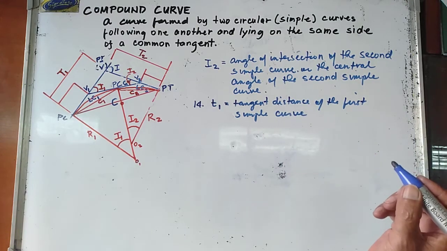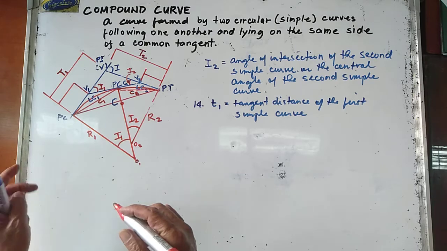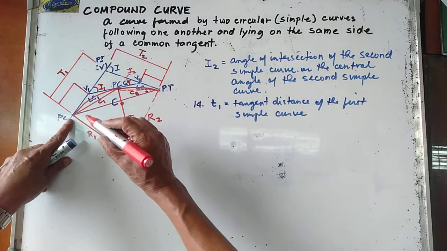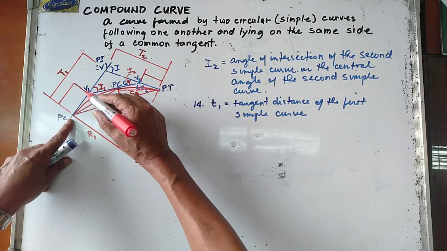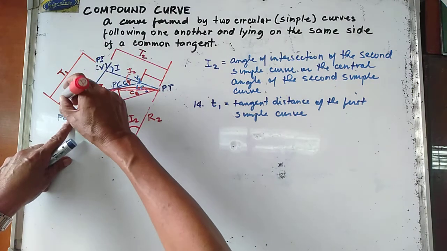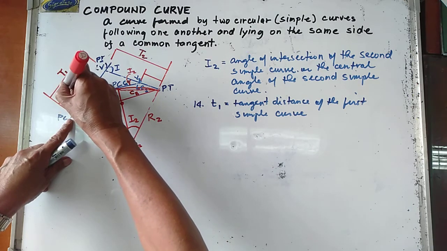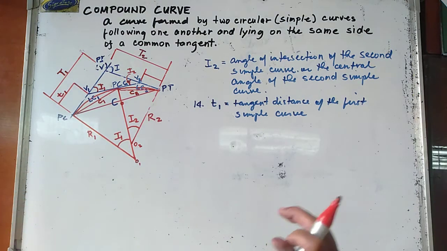It is the distance measured along the tangent from the PC of the compound curve to the vertex of the first simple curve, or V1. That is your small t1, the tangent distance of the first simple curve.